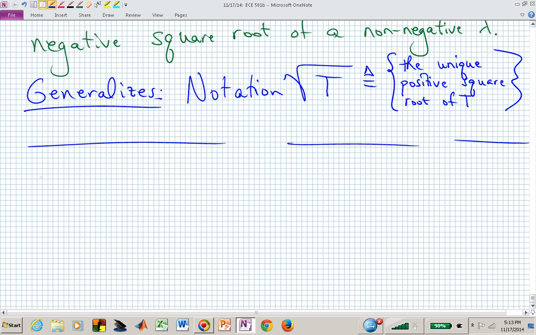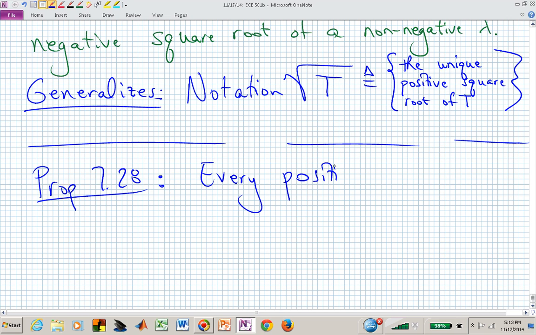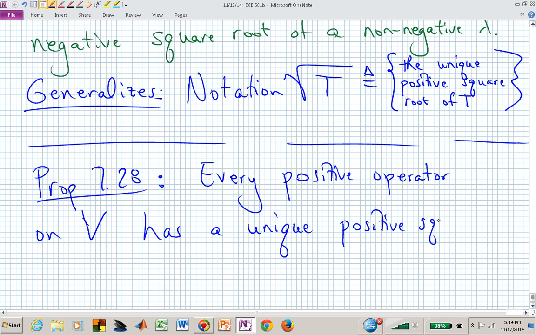And that's really what Proposition 28 actually says. It says every positive operator, which we now have a better feel for, I hope, after today's material, every positive operator on this inner product space V has a unique positive square root.